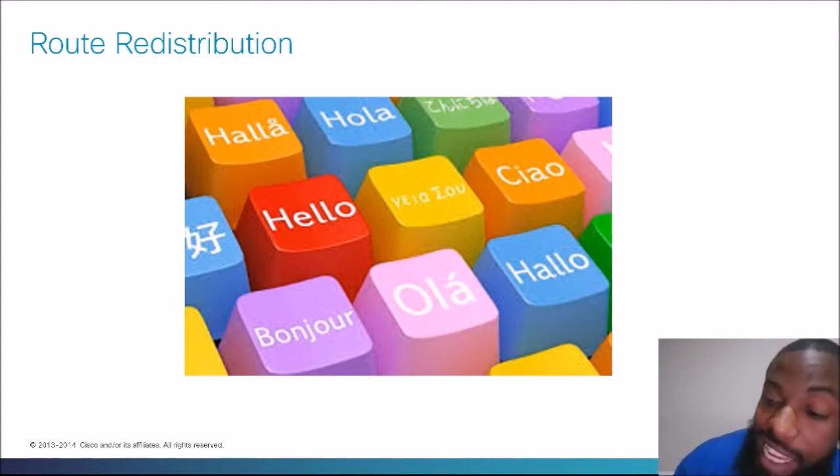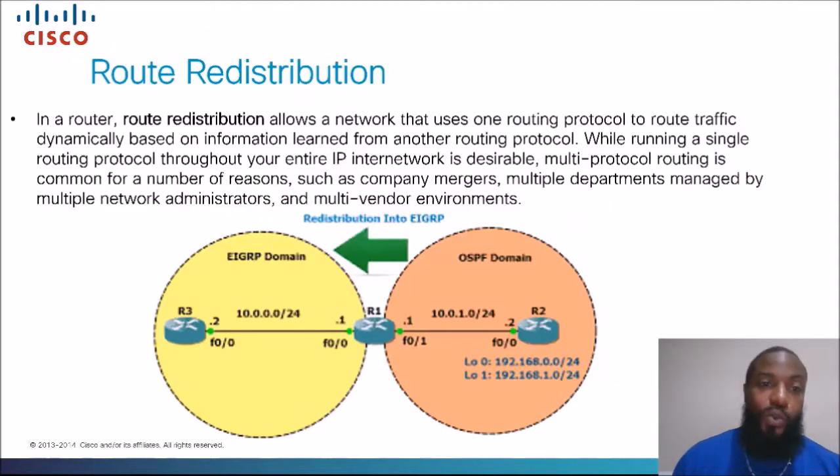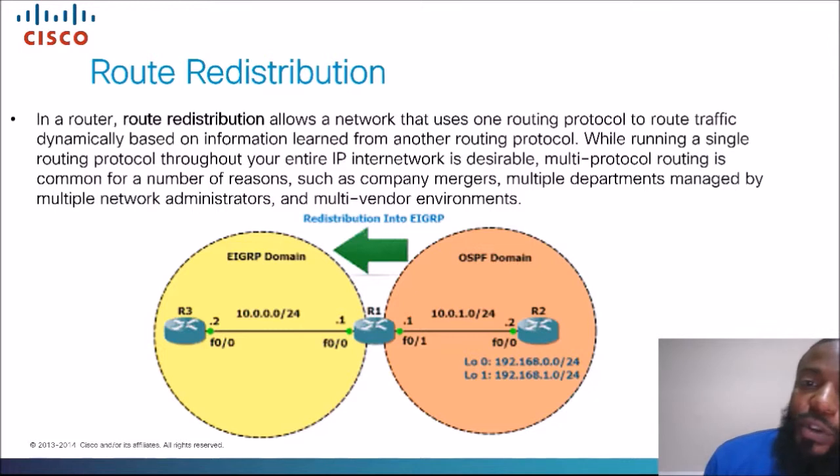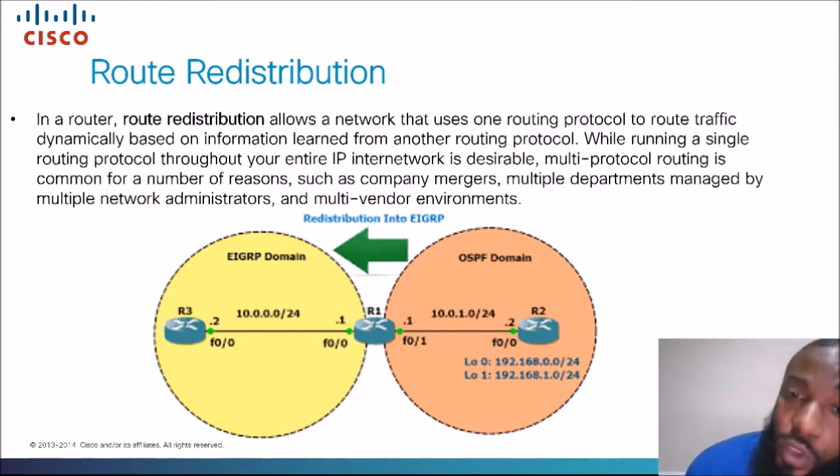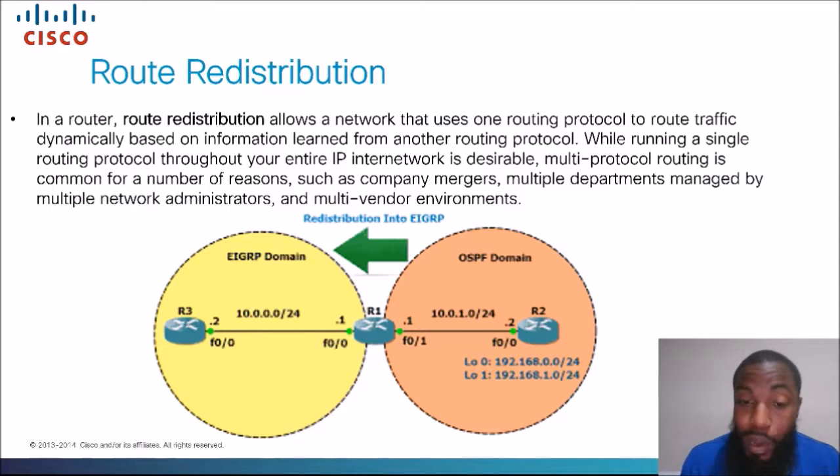Let's head over to the slides and take a look at the official definition. Route redistribution in a router allows a network that uses one routing protocol to route traffic dynamically based on information learned from another routing protocol. Essentially, one language to another. If you look at this topology at the bottom, you got router 3 and router 2 on the right-hand side.